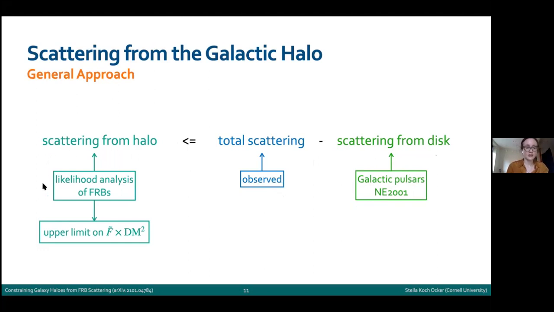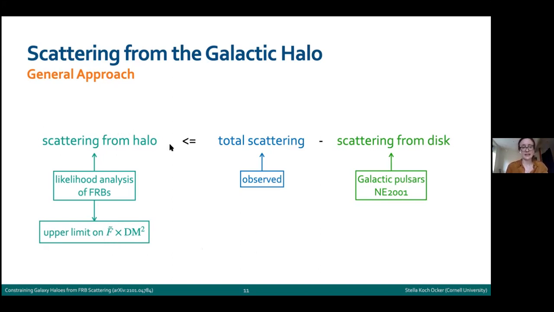Then we can use multiple FRB scattering measurements and perform a joint likelihood analysis to get a constraint on the scattering from the halo. This ultimately gives us an upper limit on the fluctuation parameter times DM squared for the halo. Once we have this constraint, we can make a further assumption about what DM is for the halo to get an individual constraint on F tilde, the fluctuation parameter.